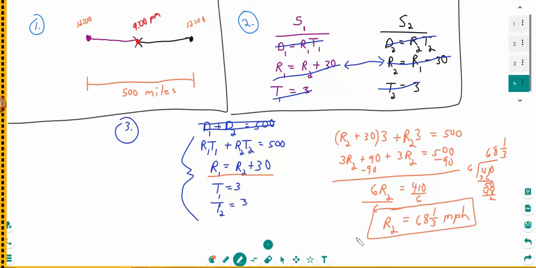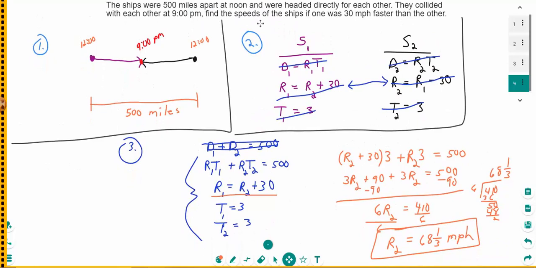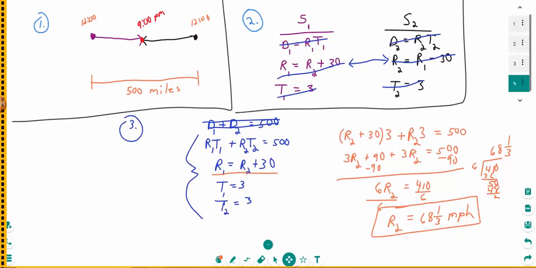All right, so there you have it. The rate of the second ship is 68 1/3 miles per hour. Moving pretty fast on that ocean. Okay, and now if we go back to our question, what do they want to know? They want to know, find the speeds. So that's one speed. What's the other speed? We need to figure that out. So let's plug that in. We're going back into our equations.